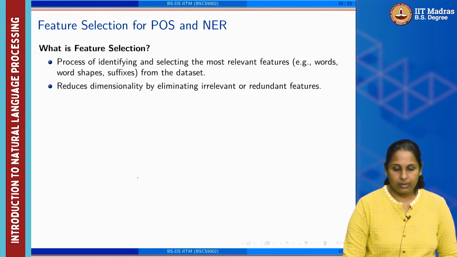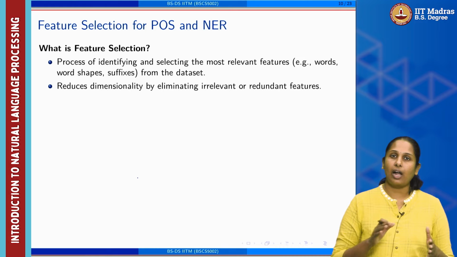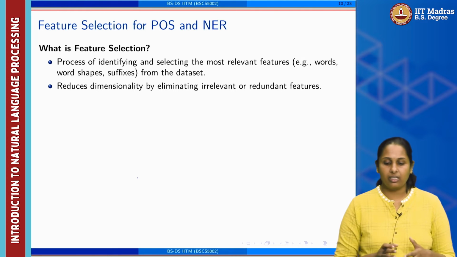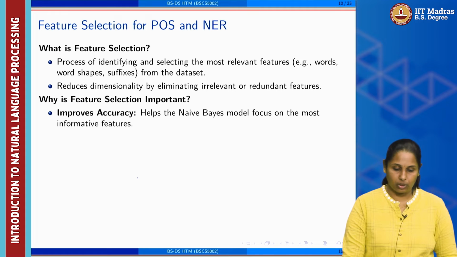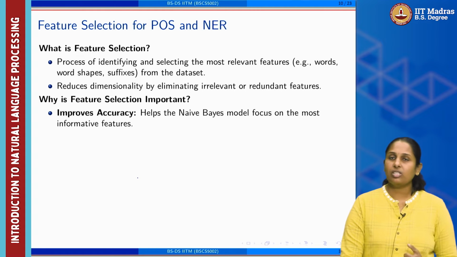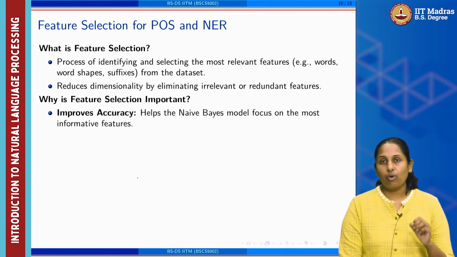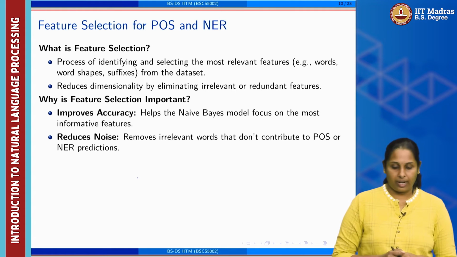It helps us in reducing the dimensionality, because unnecessary information can be eliminated so that the very prevalent information will be captured. Feature selection is important because it helps focus on the most important features, and it also reduces the noise.